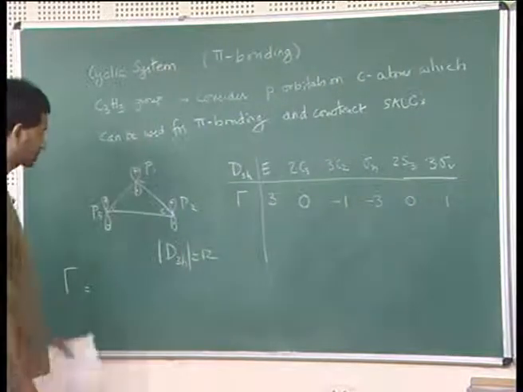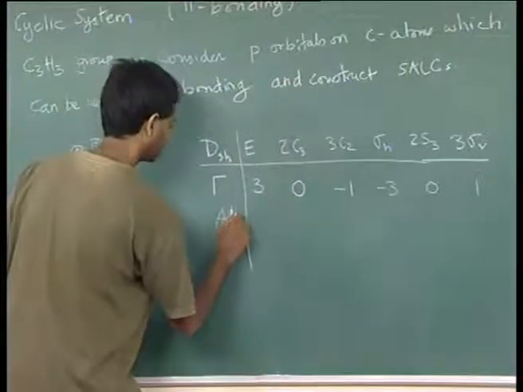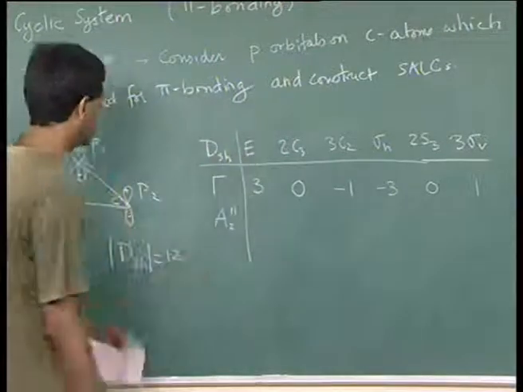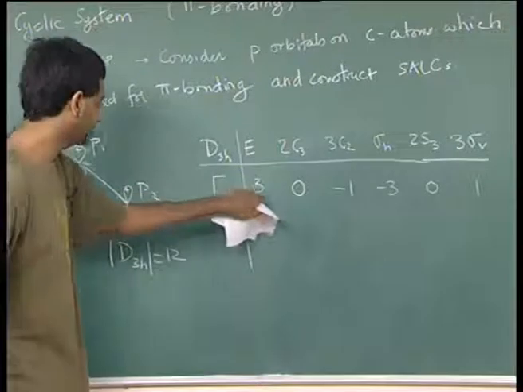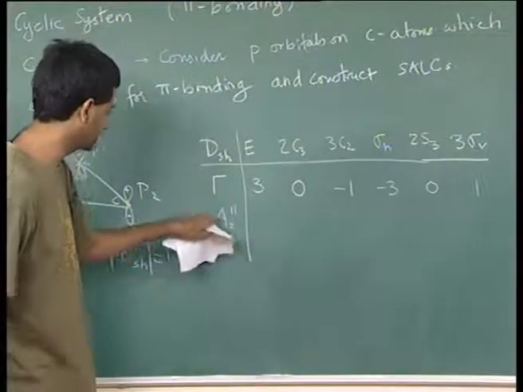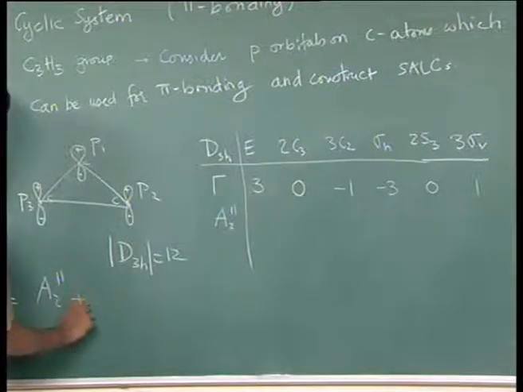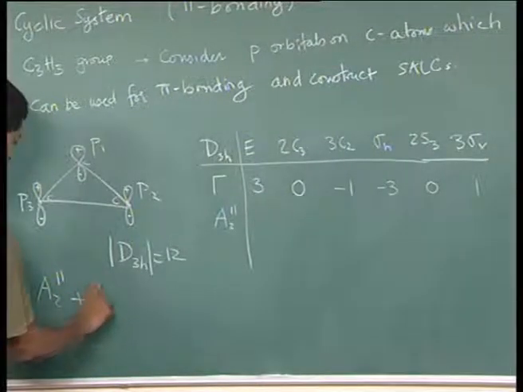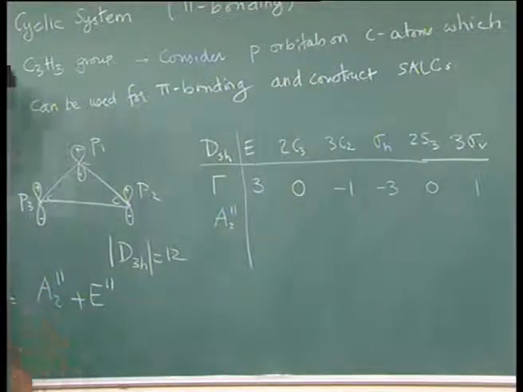And you can show that, if you look at the character table of D3h, this reducible representation is a combination of A2 double prime and E double prime. So, A2 is a one dimensional representation, E is a two dimensional representation.